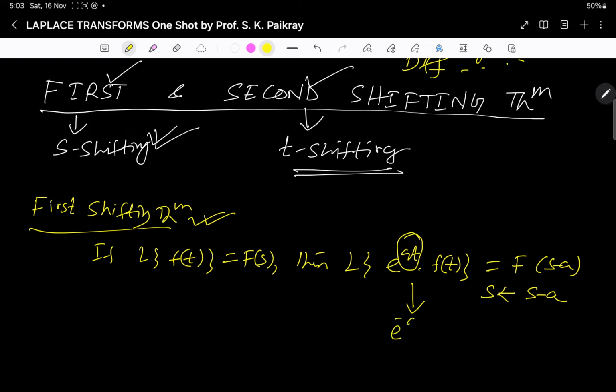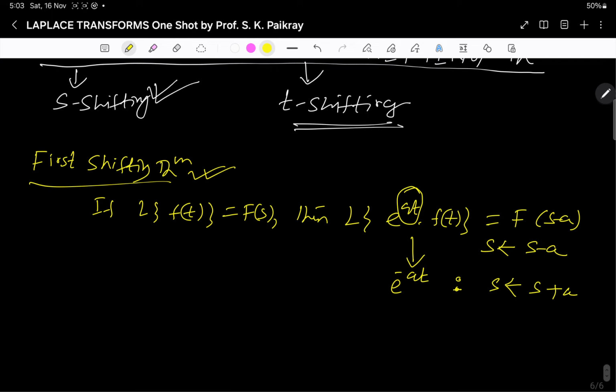Likewise, the moment e to the power minus at is multiplied, s is replaced by s minus a, meaning s plus a. Okay, so we use it now. Likewise, if I ask L inverse of F(s minus a), then it will be e to the power at t into f(t). So let me solve some examples.